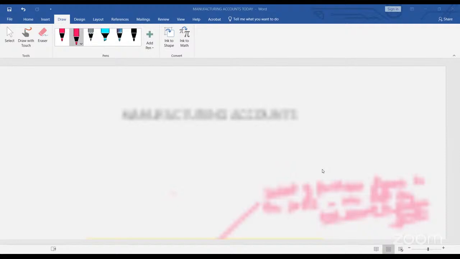Then I'll get another question, which also requires you to come up with the manufacturing statement, the statement of profit or loss, and then the balance sheet.